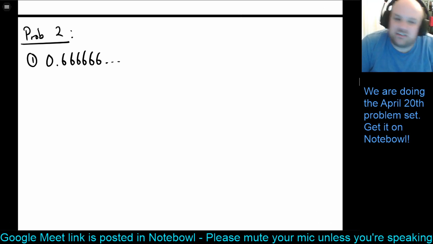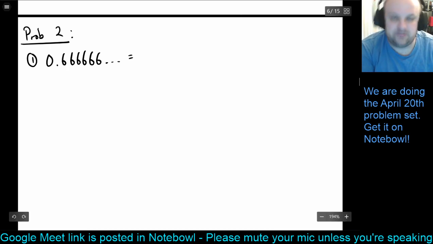Right, what is the fraction? Right, this one's pretty easy. We probably all know that this is 2/3. But how do we show that? Right, so we did something similar. I can't remember the lecture videos. I think we did infinitely repeating 9s and showed that that equals 1. Right? So let's look at this here.